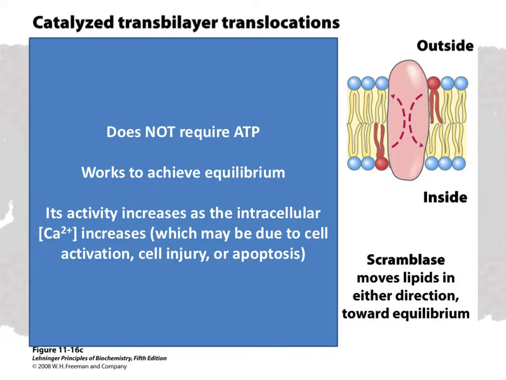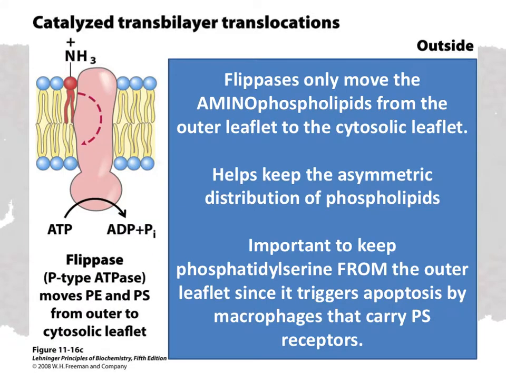I don't think I actually pointed this out before, but scramblase activity increases as a function of calcium. Calcium can go up for a whole host of things, including apoptosis. The reason I point that out is that one of the mechanisms of apoptosis is due to phosphatidylserine.